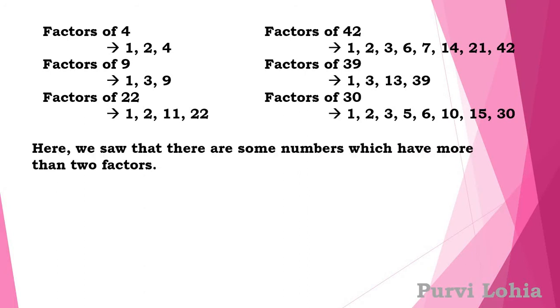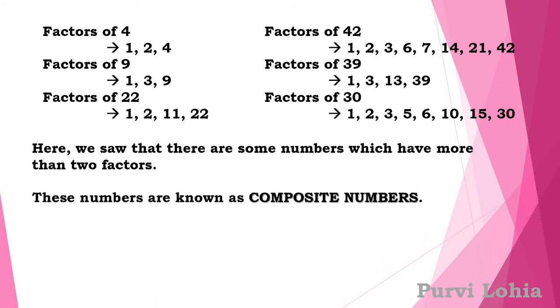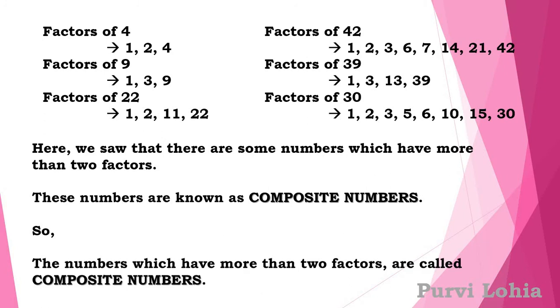Here we saw that there are some numbers which have more than two factors. So all these examples that I have taken here have more than two factors. These numbers are known as composite numbers. So the numbers which have more than two factors, including 1 and itself, are called composite numbers.